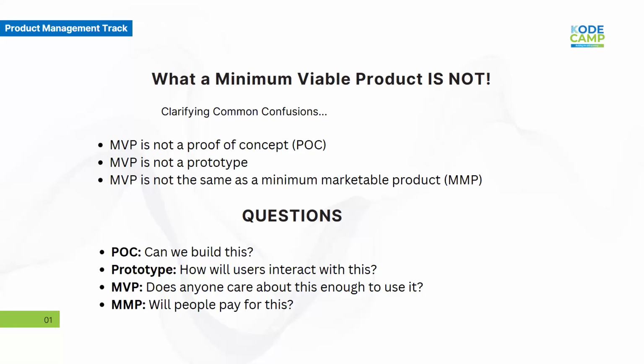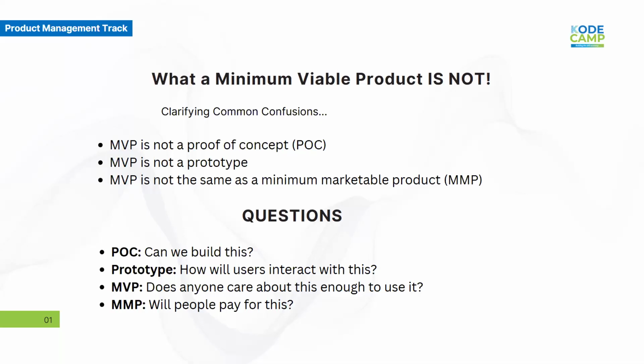Secondly, an MVP is not a prototype, right? A prototype focuses on user interaction. Please, I want us to take note of these things. A prototype focuses on user interaction. It is about figuring out how users will move through your product, what the flow will look like, how the different parts will fit together, right?